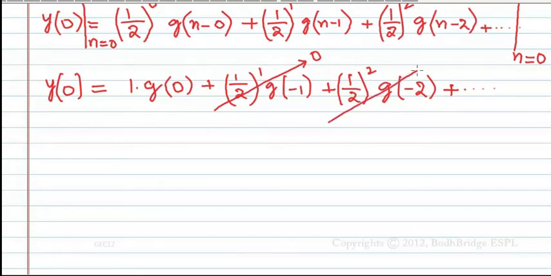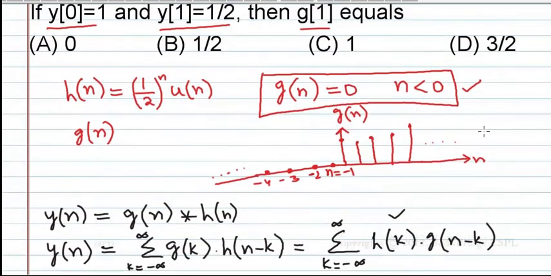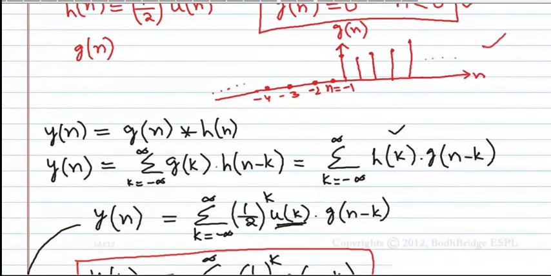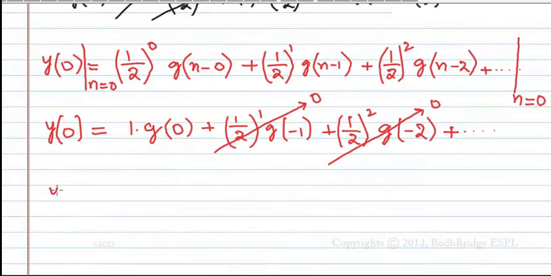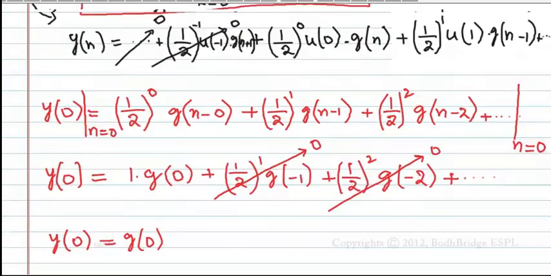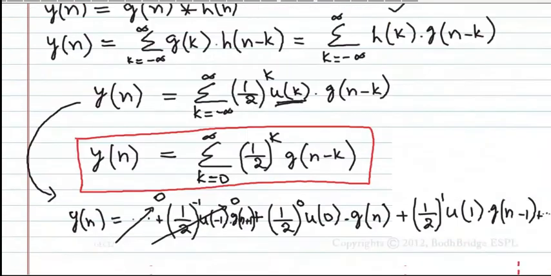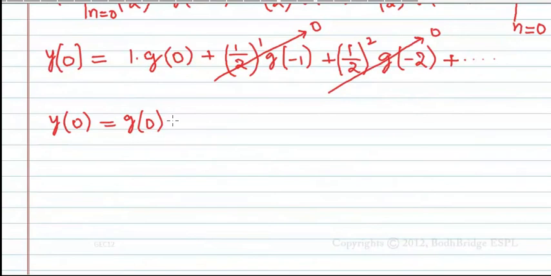Therefore, g of minus 1, g of minus 2 all are 0, which is what I am explaining here. Therefore, y of 0 is nothing but g of 0. And he has given y of 0 is 1. Therefore, g of 0 is also equal to 1.